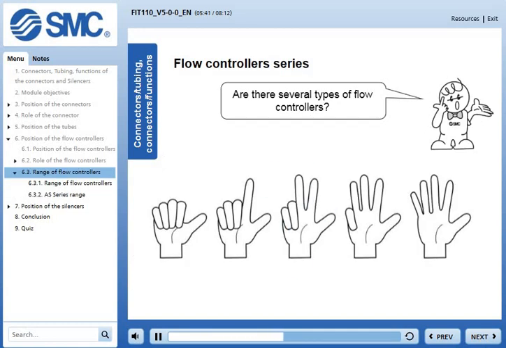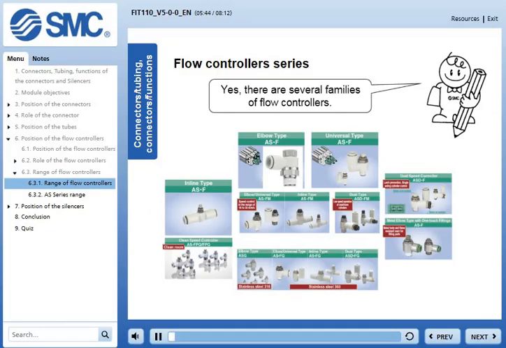Are there several types of flow controllers? Yes, there are several series of flow controllers, but we will limit this module to the most used series, the elbow flow controllers. For your information, SMC offers other ranges, such as the universal flow controller, movable in all directions, the inline type, the dual control models, those for low speed actuators, corrosion resistant types or welding spark resistant models, and others for clean room environments.